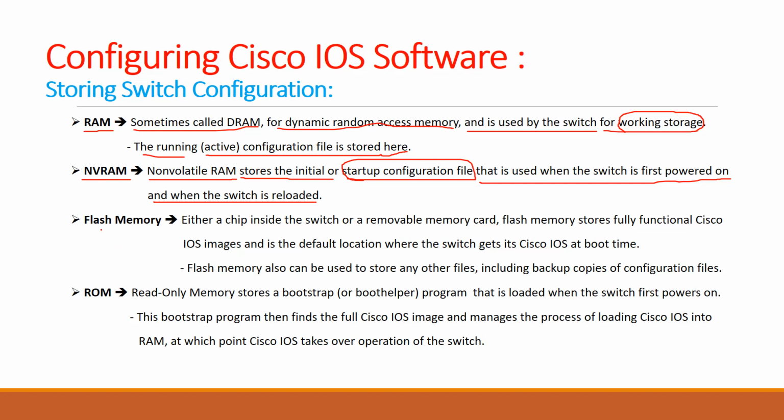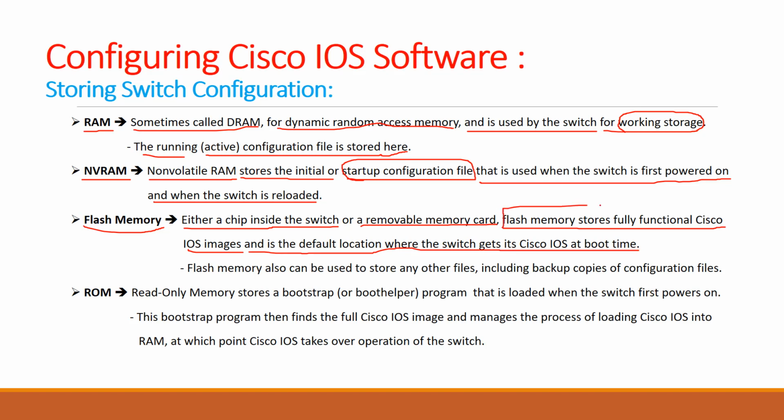The third type of memory is the flash memory. It is either a chip inside the switch or a removable memory card. Flash memory stores fully functional Cisco IOS images and is the default location where the switch gets its Cisco IOS at boot time.